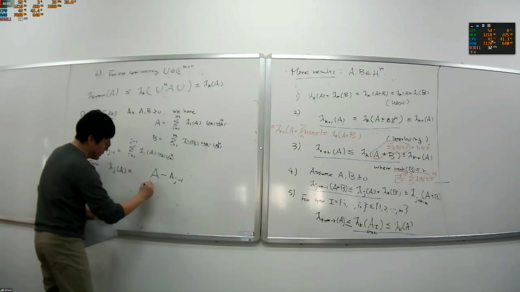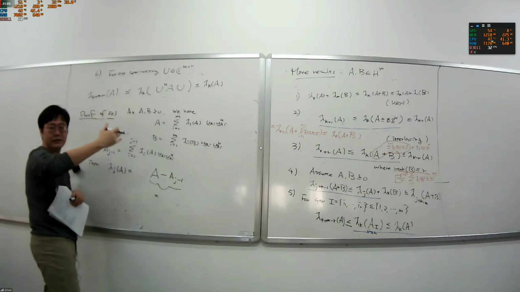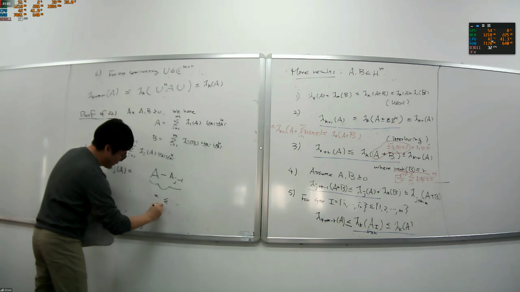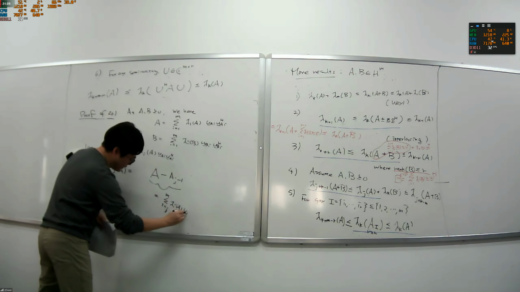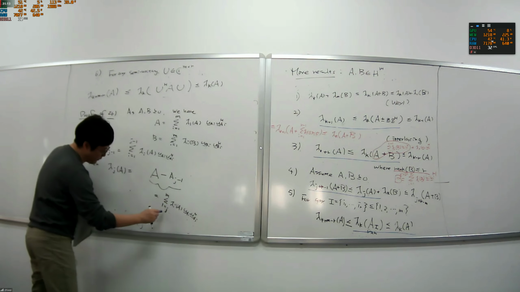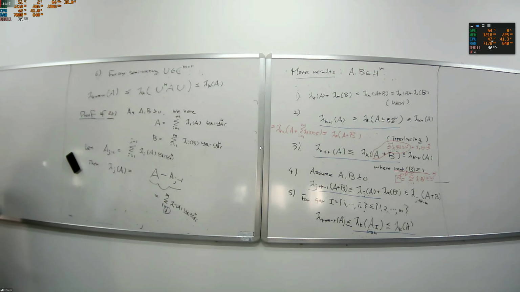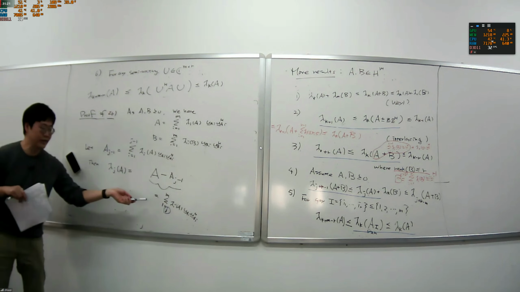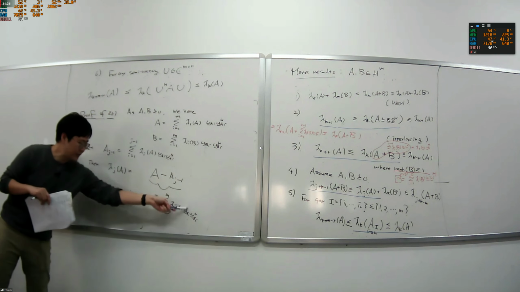So what is this? This will contain the components after j, from j to m. What is the largest eigenvalue of this matrix?